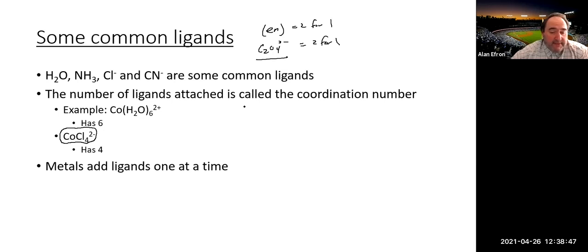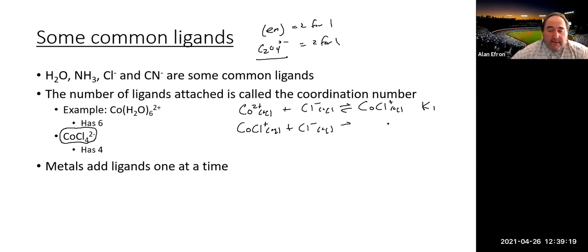The first thing that happens is we take one cobalt ion and one chloride ion attaches, and we get something that looks like this. This would have a K1 type of equilibrium expression. The next thing is that species, which has now gained one chloride, gains another chloride, getting us to CoCl2, again with a K value for that equilibrium.